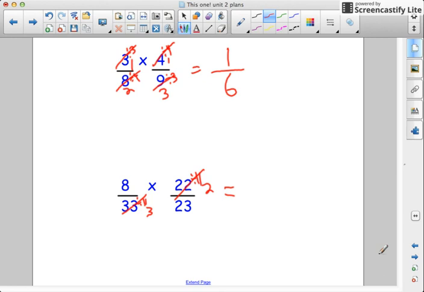So this would give you 8 times 2, which is 16, and 3 times 23, which is 69. And if you can't simplify it any further in the question, then your answer will already be simplified.